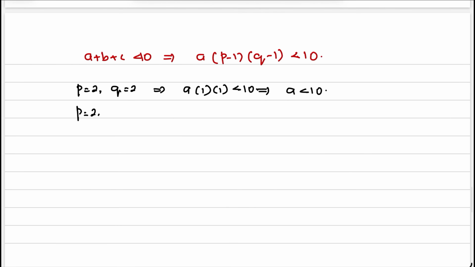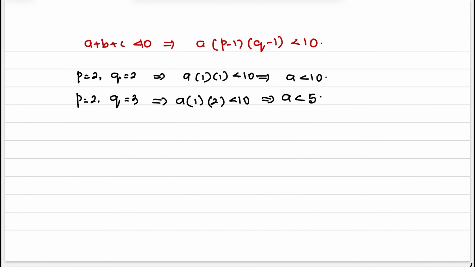P is equal to 2, Q is equal to 3. That means a into 1 into 2 is less than 10. That means a is less than 5. Another condition, P and Q have to be prime numbers. 2 is prime, 3 is prime.